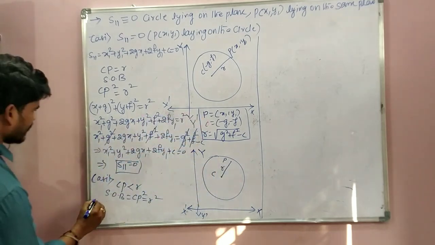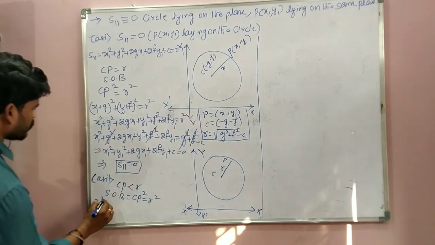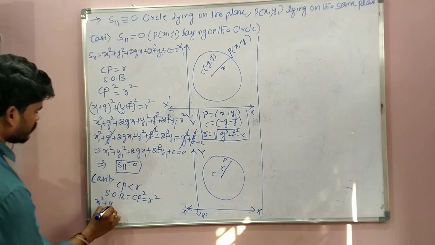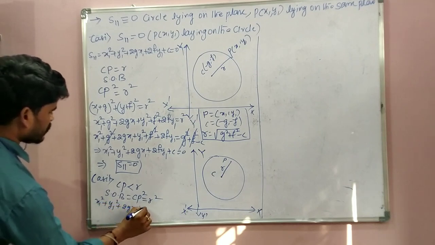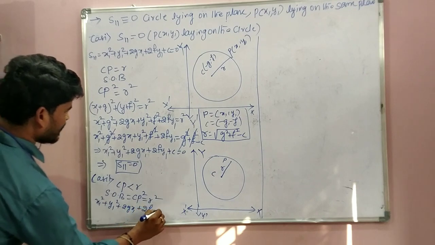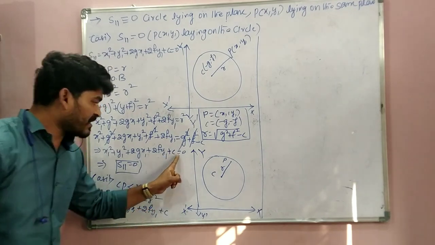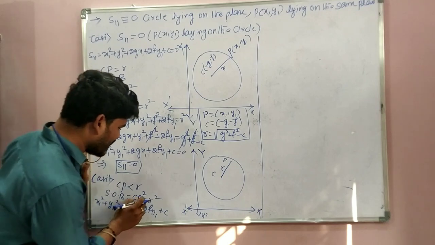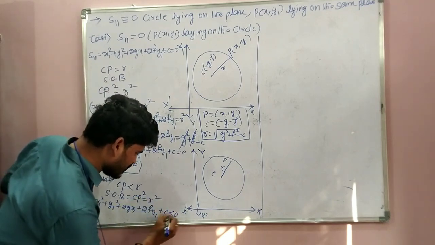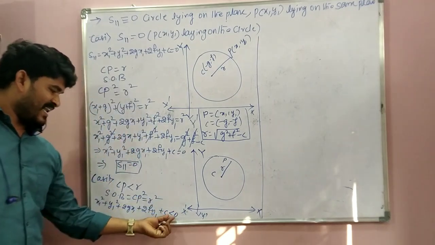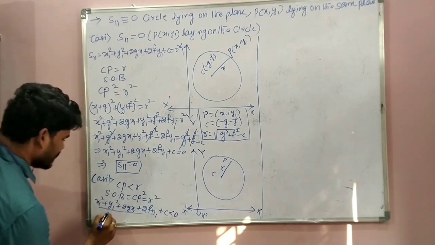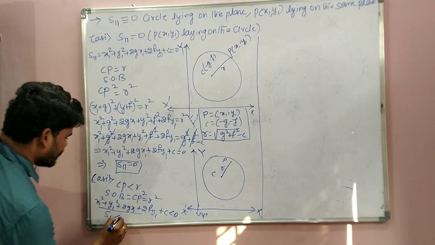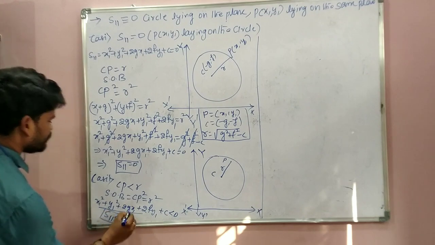C point gives x1 square plus y1 square plus 2gx1 plus 2fy1 plus c. Here it was equal to 0, but here we want less than 0. Therefore, this is written as S11 less than 0. This is condition 2.